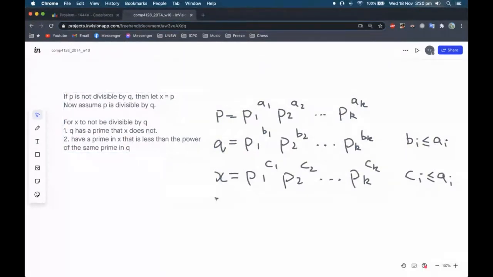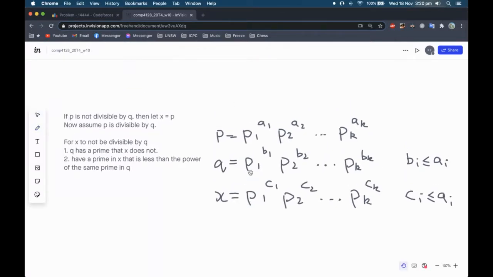For example, if x equals 2 squared times 3 and q equals 2 cubed times 3, then clearly x cannot be divisible by q, because the power of this prime in q is larger than in x.